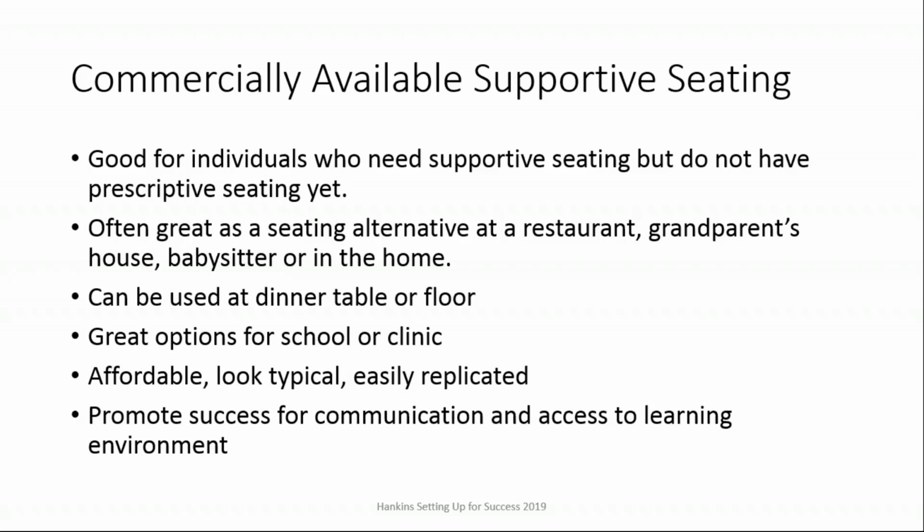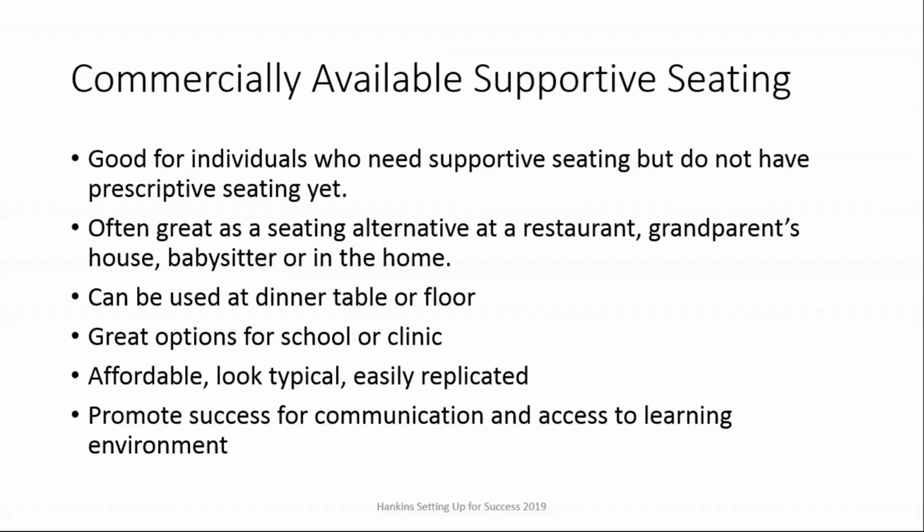So we think about that. We need individuals to have supportive seating, and they might not have a prescriptive seat yet. So they might not have a wheelchair or a Rifton activity chair or a Tomato seat or whatever you want to call that by its brand name. So you want some good seating alternatives for the restaurant that's lightweight, or to grandmama's house, or the babysitter, or in the home. You might need something to use at the dinner table or on the floor.